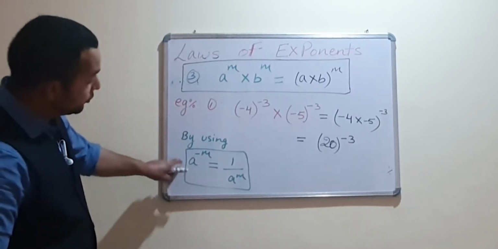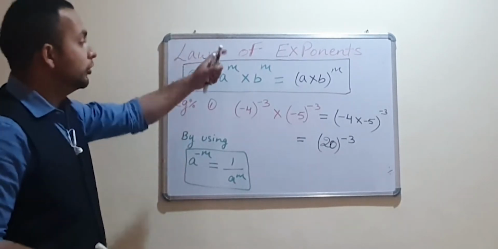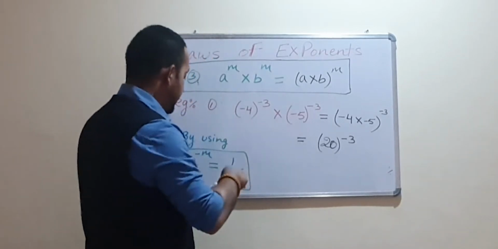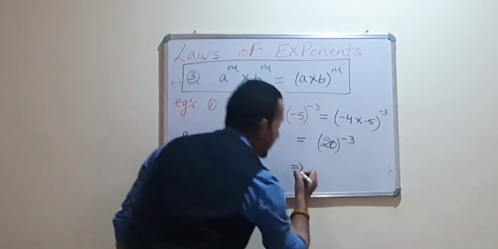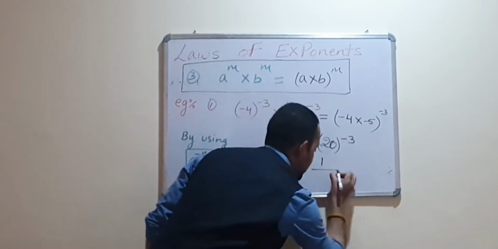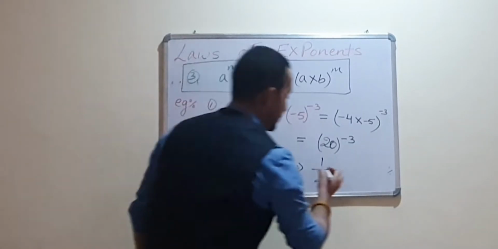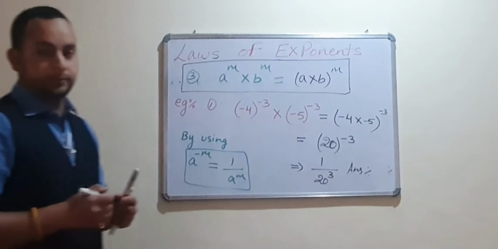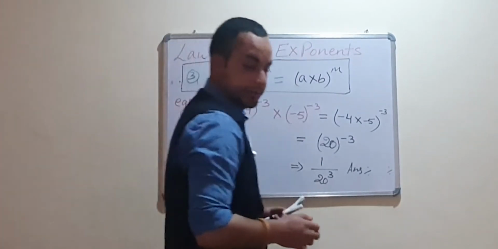Now we are making the reciprocal of this number. So when we make the reciprocal, it will become 1 upon 20 raised to the power 3, which is your answer. So this is the third law of exponent.